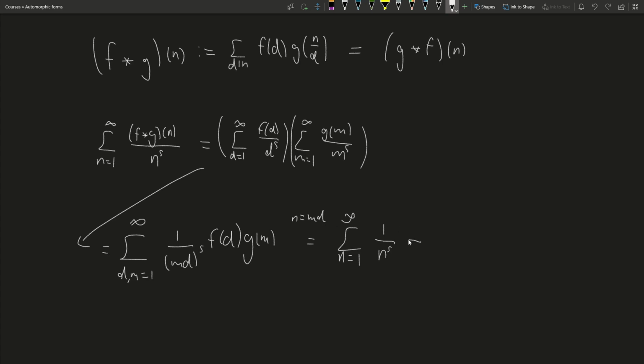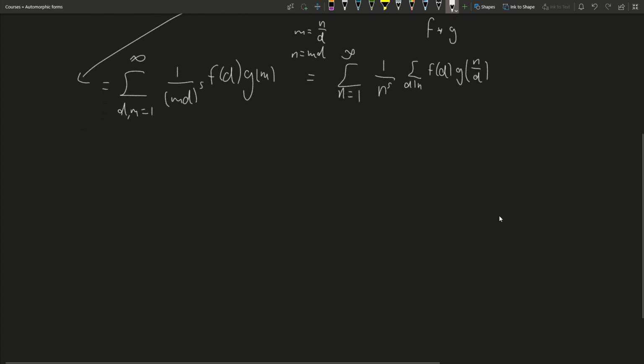Well, the way to list all of them is to sum over d divides n of f of d, and then here you have a g of n over d. So you could also view this as the change of variables, m equals n over d. And this is, of course, the Dirichlet convolution, f star g.